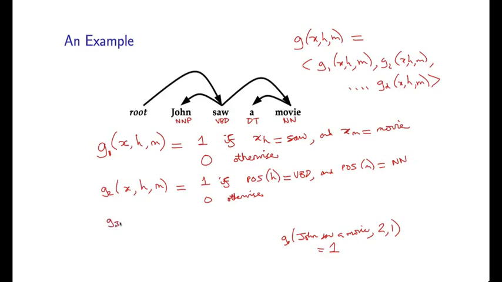Another type of feature which we might use could look at the distance between the two words. Okay, so we could say this is 1 if the distance between h and m, so this is the absolute value of the difference, is equal to 10 and 0 otherwise. So this feature returns the value 1 if the two words involved in the dependency are very far from each other.